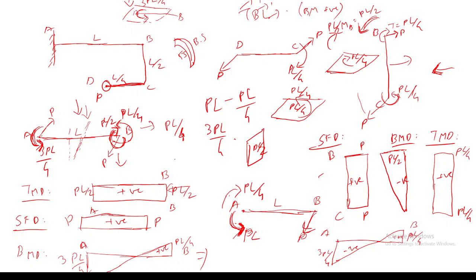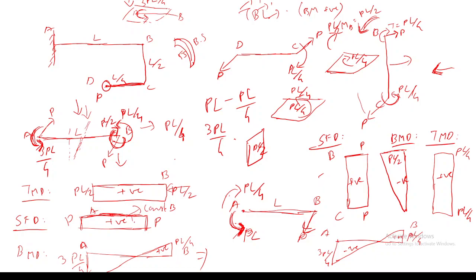So I am joining these two by a straight line. Why I am drawing it as a straight line, there is a concept which I will come to in later classes. For example, here you could see the variation of the shear force diagram, right? Here the shear force diagram is actually constant.